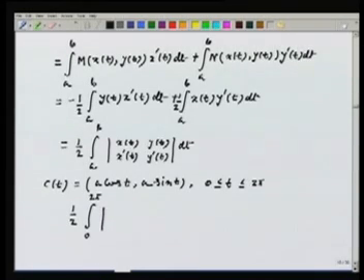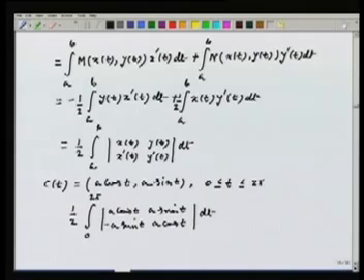What is x(t) here? x(t) is a cos t. So I write a cos t, y(t) is a sin t, then the derivatives, that is minus a sin t, then a cos t. Calculate the determinant dt. Now calculating the determinant is very easy. It is a squared cos squared t plus a squared sin squared t, so it is just a squared.